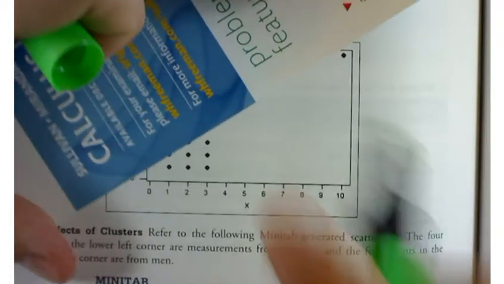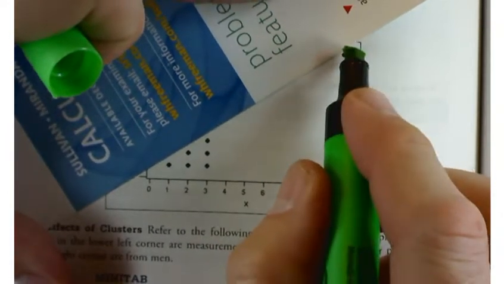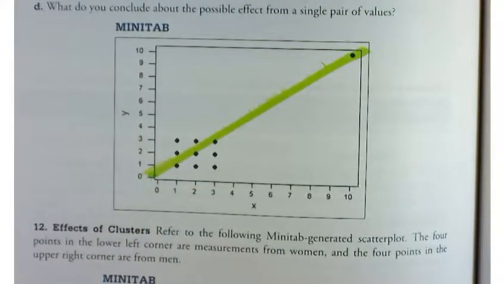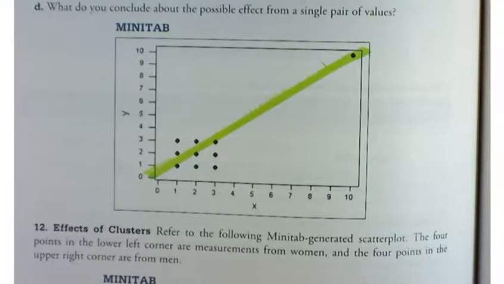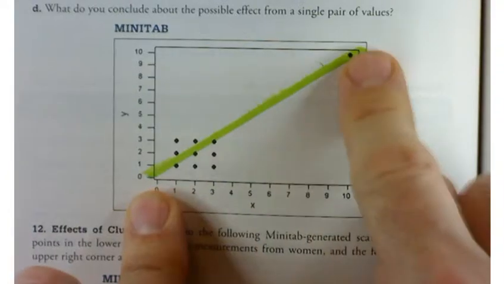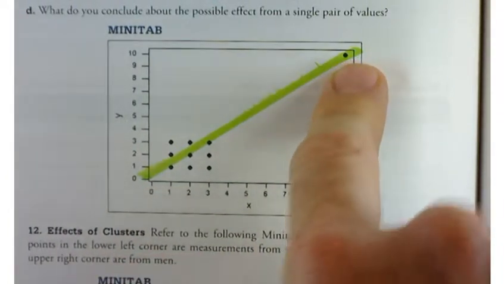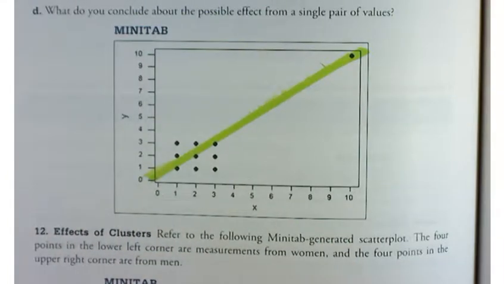Now, in this one here, you can kind of think that, yeah, that looks like a pretty nice linear relationship. And I wouldn't fault you for saying so. But the strength of this linear relationship really depends heavily on this one value.